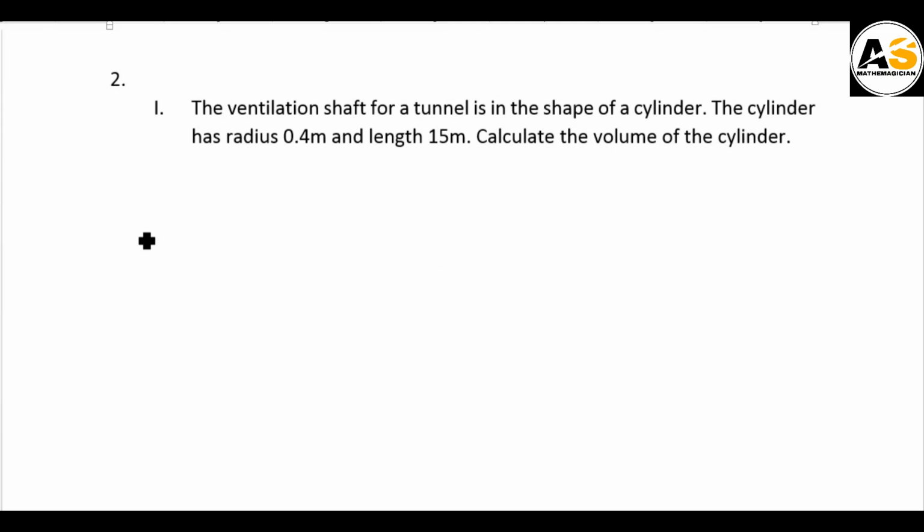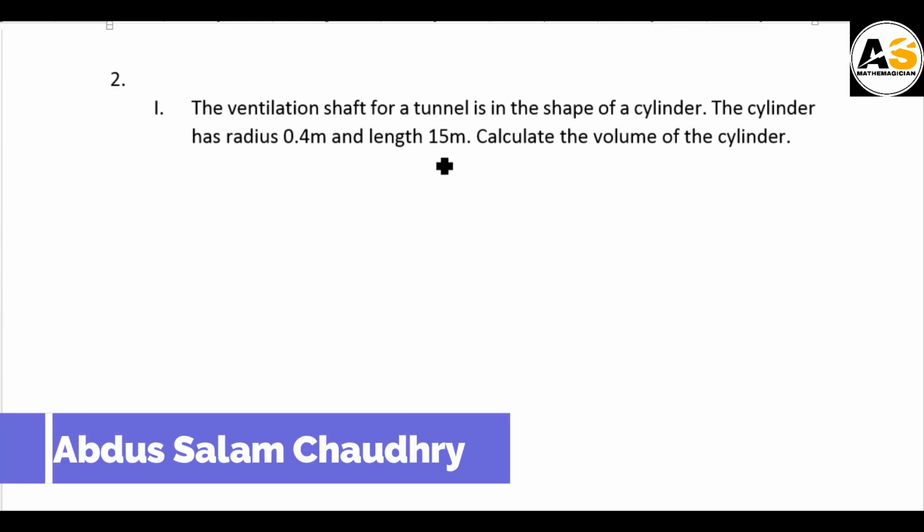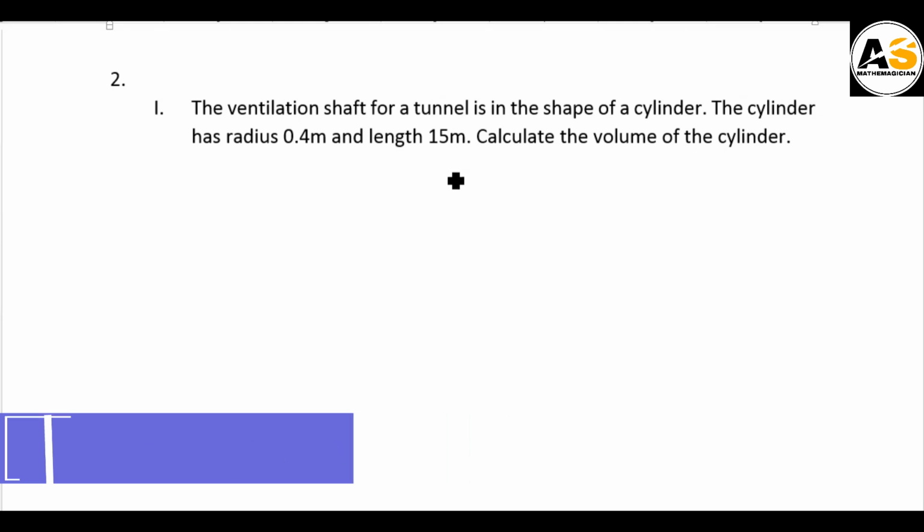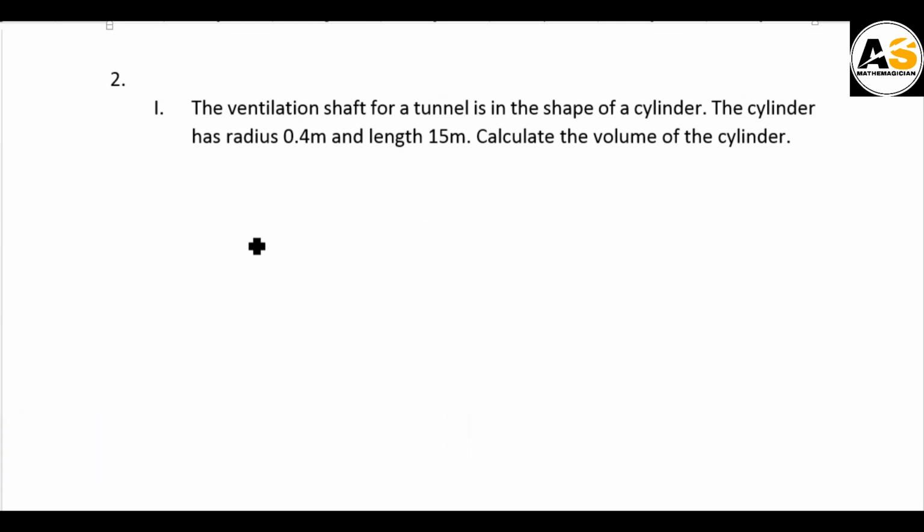Second question of today's lesson. The ventilation shaft for a tunnel is in the shape of a cylinder. The cylinder has a radius 0.4 meter and a length 15 meter. We have to find the volume of the cylinder. What is the formula for volume of a cylinder? This is pi r square h.